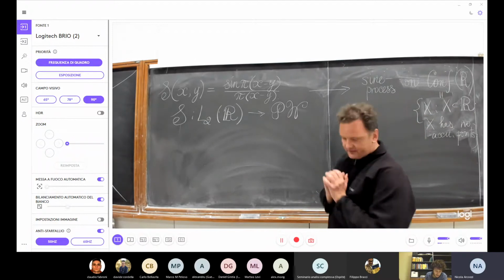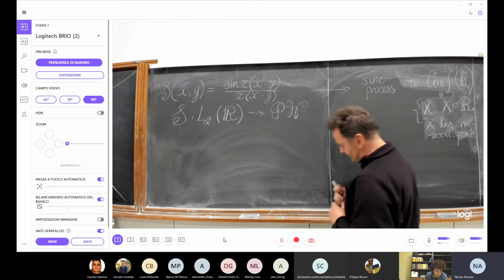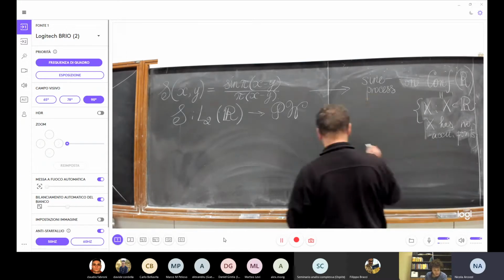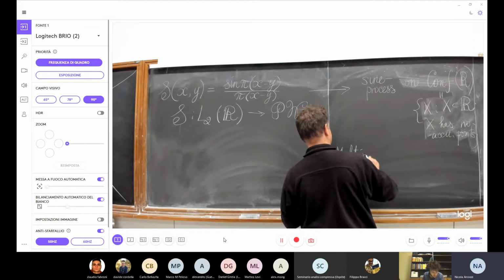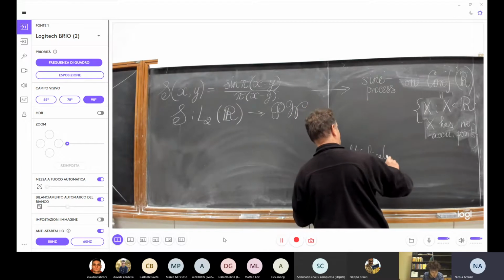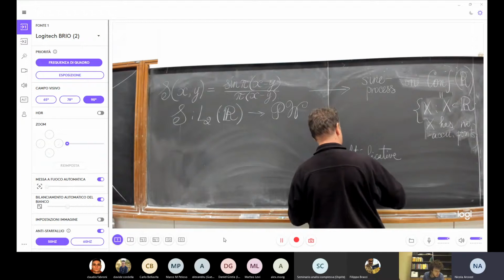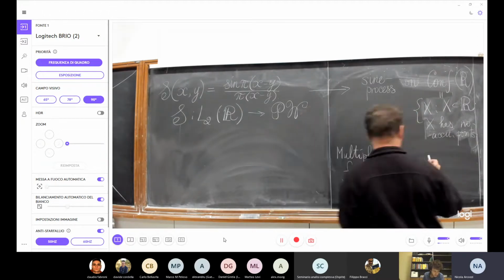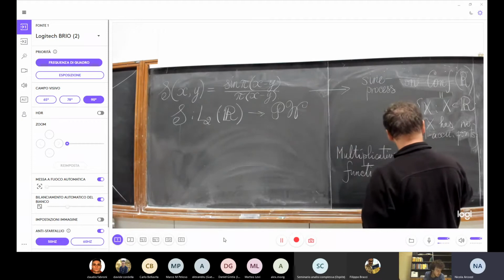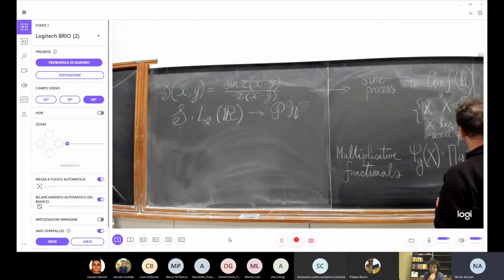And for me, the most convenient way to define such a measure will be through multiplicative functionals. So on such a space, I have multiplicative functionals, just the product of the value of the function over particles of the space.